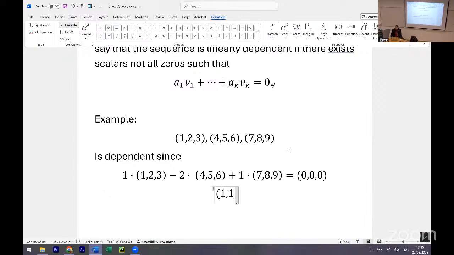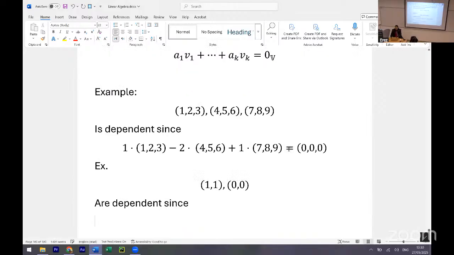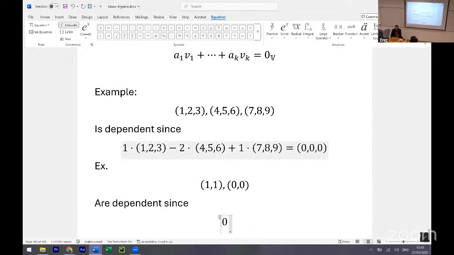And another example: 1, 1 and 0, 0 are dependent, since 0 times 1, 1, I am allowed to multiply by 0, but I'm not allowed to multiply only by 0.